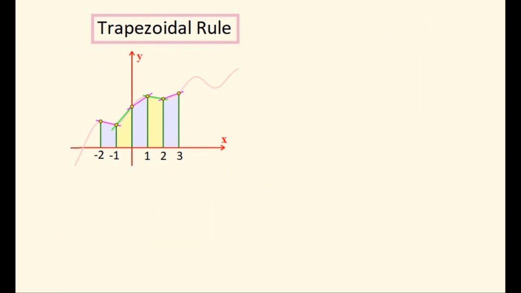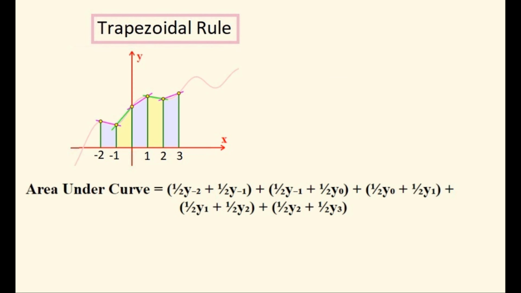To get the trapezoidal rule coefficients for a large number of points, we'll use the example here of a curve being approximated by these trapezoids. We'll calculate the shaded area under the curve by adding all of these trapezoidal areas as shown.